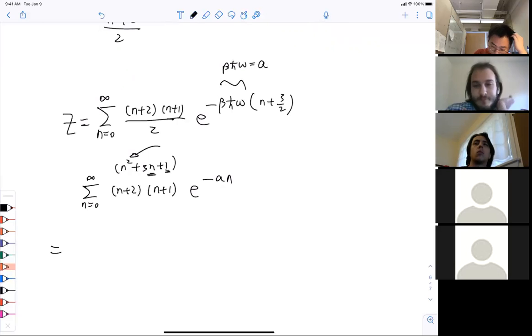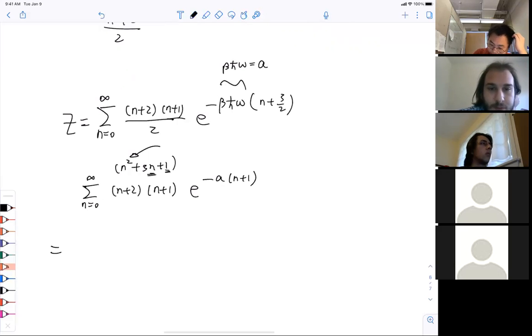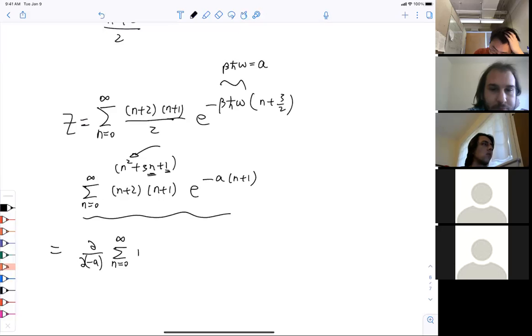But you can also do it another way. By the way, you can also add a 1 here, right? It's just a constant. You can back it out. Then this guy is given by partial squared over partial A squared, the sum over n equal to 0 to infinity, of exponential minus A n.